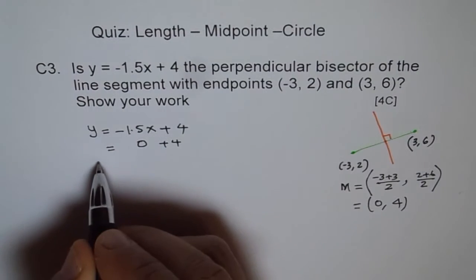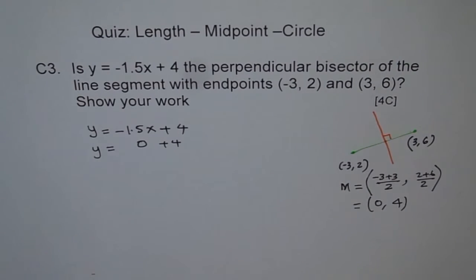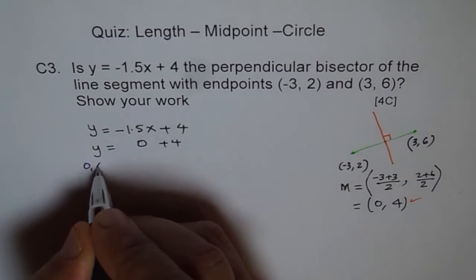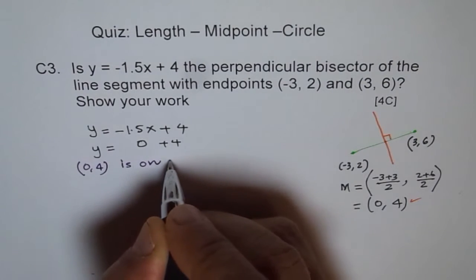That means y equals 4, right? y equals 4, so correct. That means (0, 4) lies on the line. So the first check we have made is correct, and that means the point at least (0, 4) is on the line.